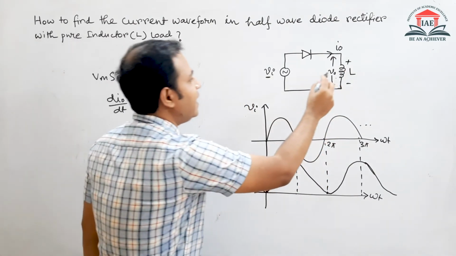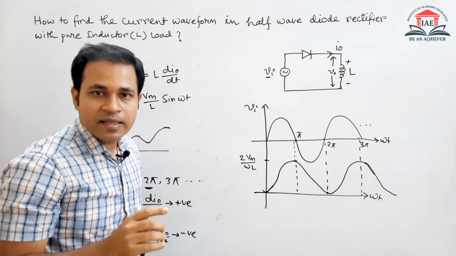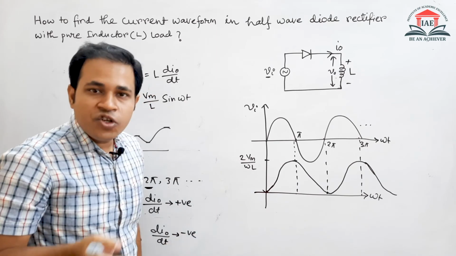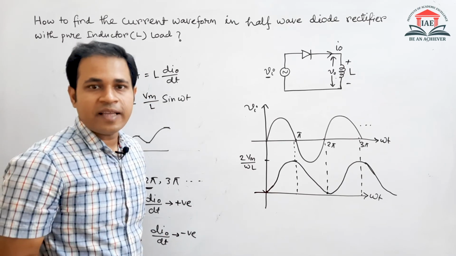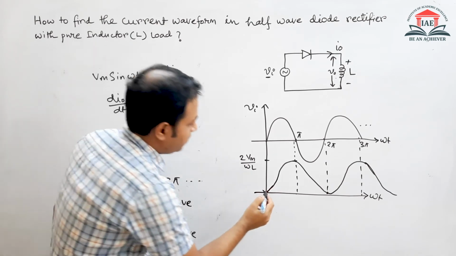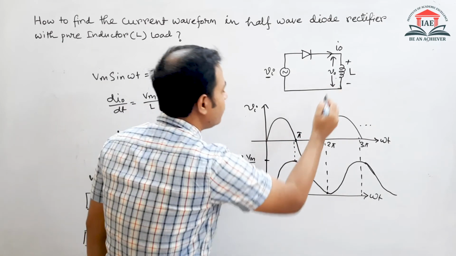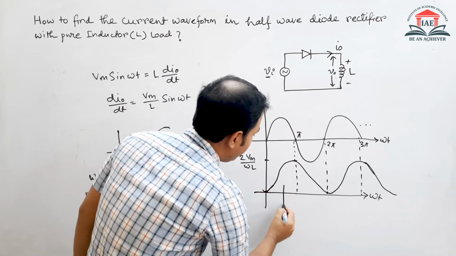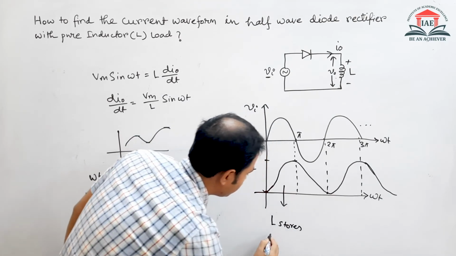Whenever current enters an element at the positive terminal of the voltage, we know that it is consuming electrical power. And as we know, L is a dynamic element, that means it can store energy and it can release energy. So from 0 to pi, the inductor will consume the energy. So here L stores the energy, right?